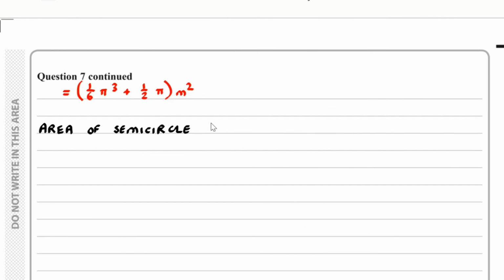The area of the semicircle, we've got a 1/2 pi times by the radius, pi squared. Remember, the radius is pi. And so here, the area of the semicircle is equal to 1/2 pi cubed.